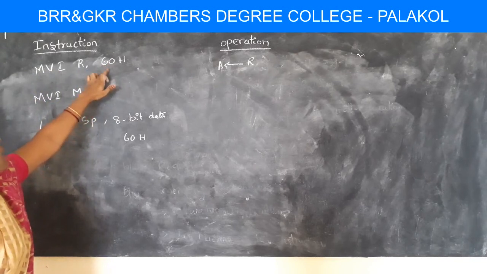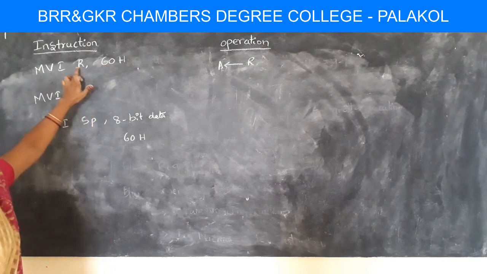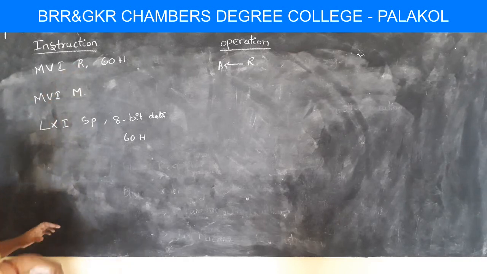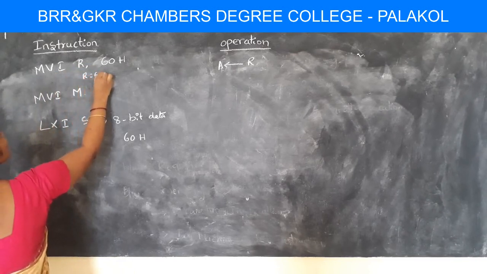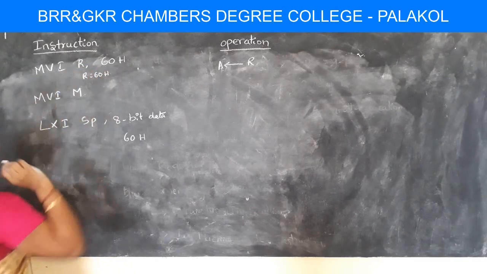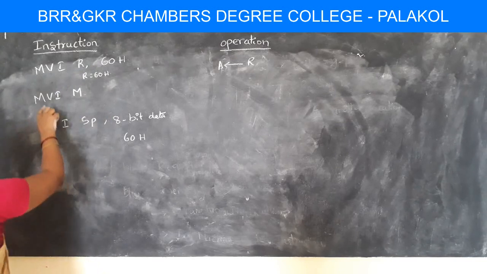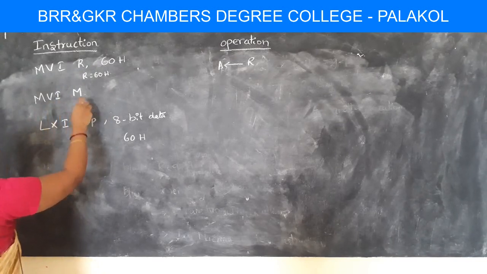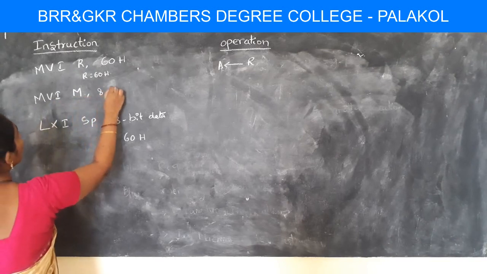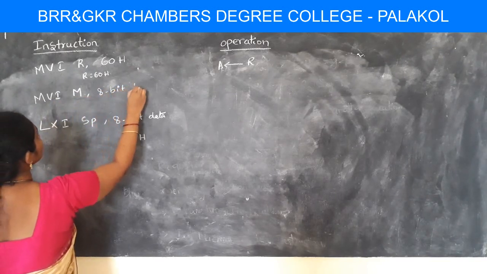This 8-bit data is directly moved to this register. Therefore, after the execution of this instruction, R is equal to 60H. And likewise MVI M is also, that means M comma 8-bit data.